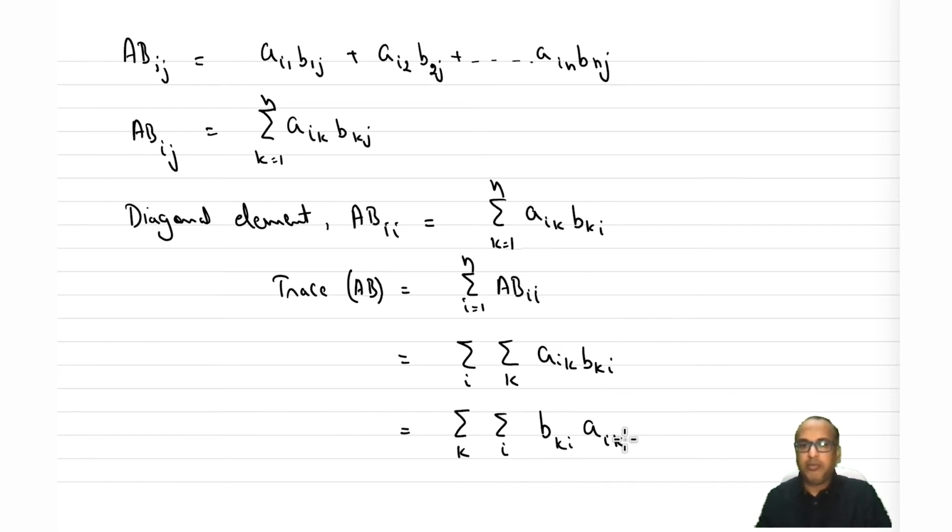Now because the summation of I is also from 1 to N and K is also from 1 to N, I can easily write this as trace of BA, right? So irrespective of whether we are given that A and B are commuting or not, we have shown that trace of AB is equal to trace of BA. Okay, that's a very important result.